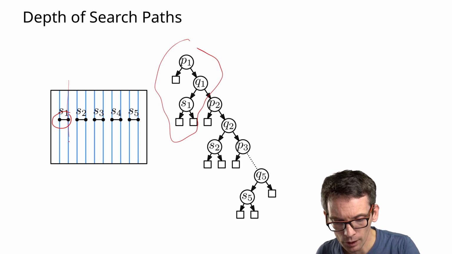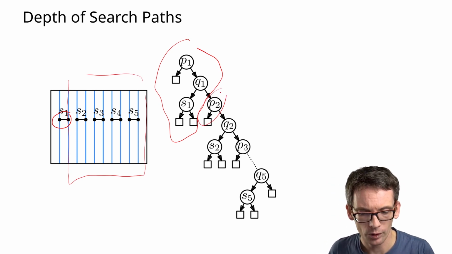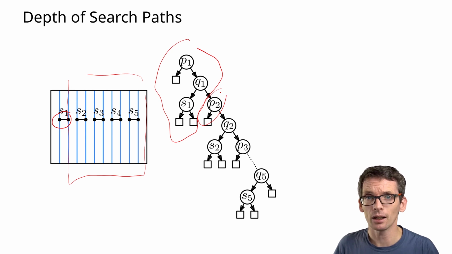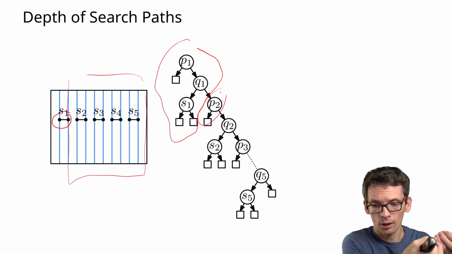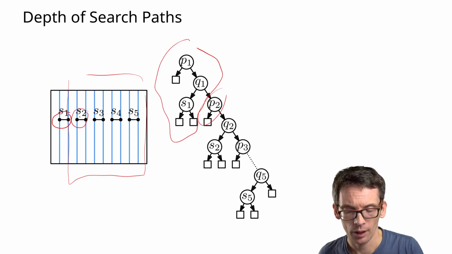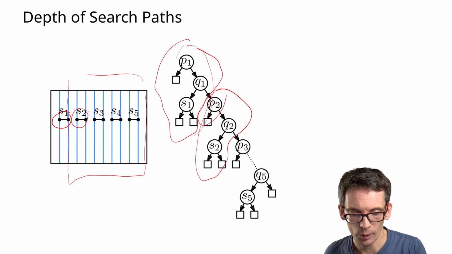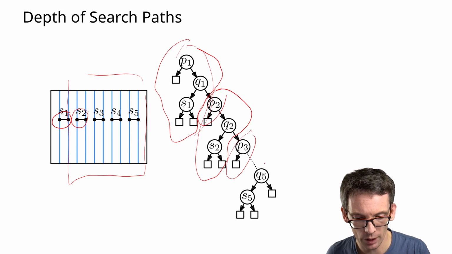In particular, the trapezoid that sits here, that corresponds to what would be here. If we now insert the next segment in that trapezoid, then we get a copy, essentially a copy of this. We get a copy of this here. And then if we insert S3 here, we get a copy here, and so on.